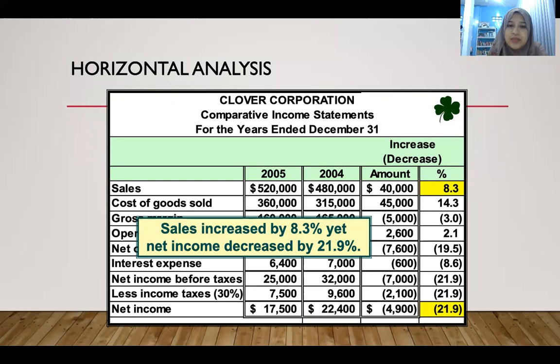In this example, it shows us that sales increased by 8.3%, yet the net income decreased by 21.9%. So there is interesting information that can be picked up from the horizontal analysis. Why did the sales increase but net income decrease?